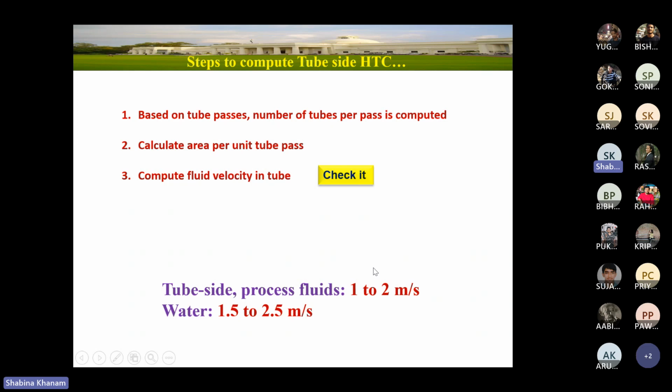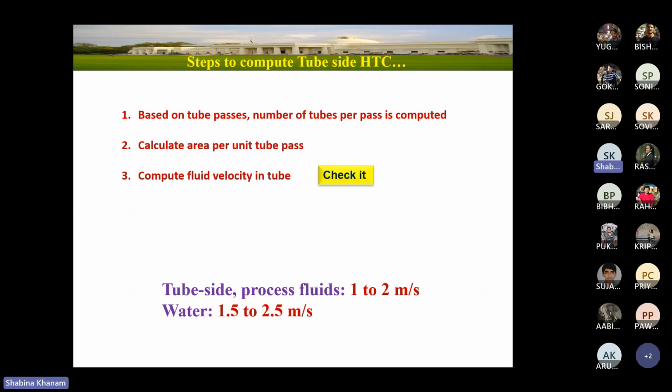So if you are considering, let's say 1-2 pass will not work, you will increase it to 1-4 pass. And when you are considering 1-4 pass, let's say 100 tubes you are dealing with, so now per pass you will have only 25 tubes. So whatever mass flow rate will be available will be assigned to those 25 tubes only.